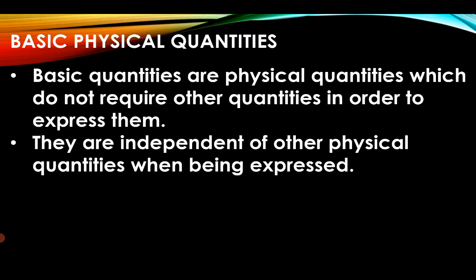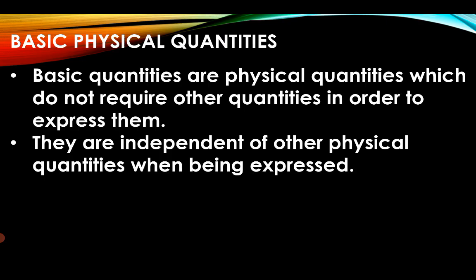Let's say that you are measuring the mass of a substance. You use a beam balance to determine the mass of a ball, or a coin, or any other body. It is going to be in kgs. You read off from the measuring instrument and record the mass as maybe 2 kgs or 100 grams or 50 grams, without having to refer to other quantities in order to fully express the mass.